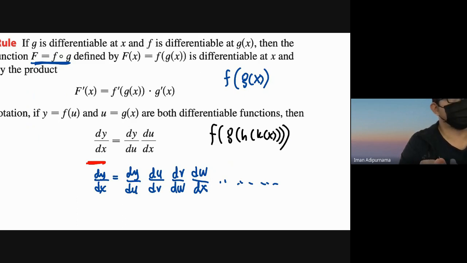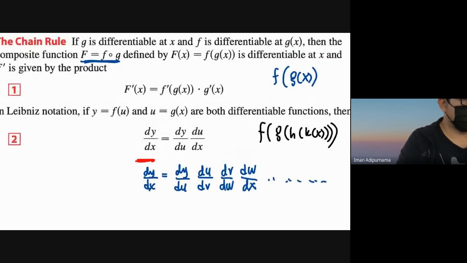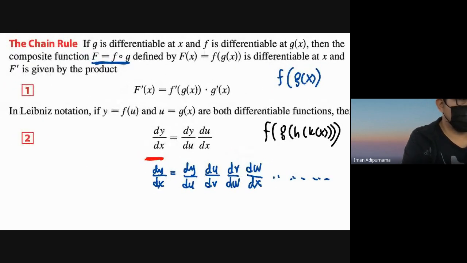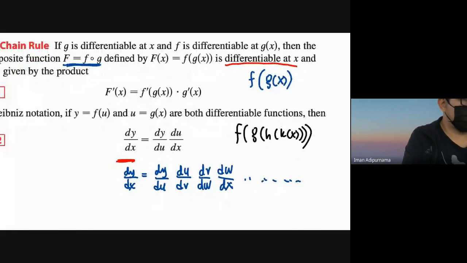It can be more and more, as long as it is composite and all the functions are continuous. And we know that all the functions are differentiable, so that's why it needs to be written that both functions are differentiable at x, and we can use this chain rule.